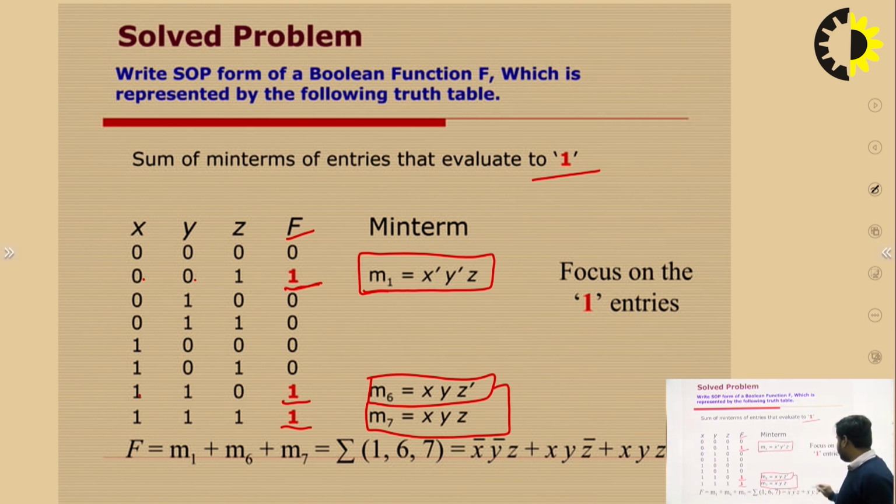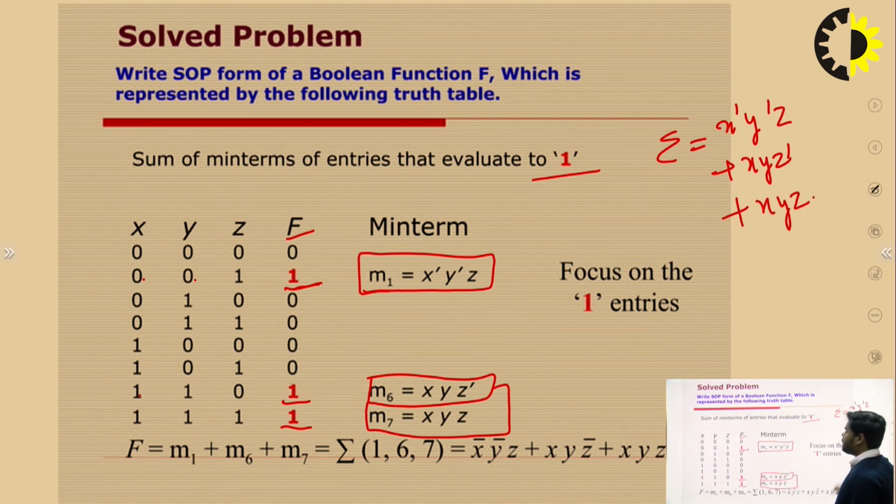The output can be written as x dash y dash z plus x y z dash plus x y. This is the standard canonical form.